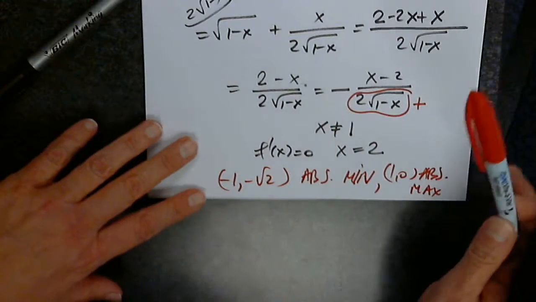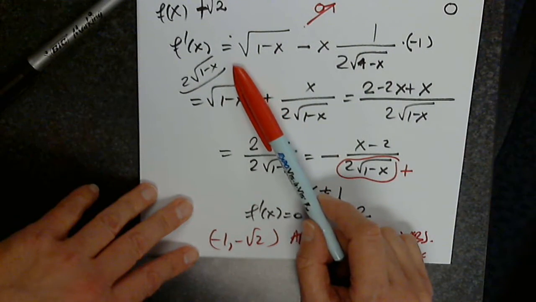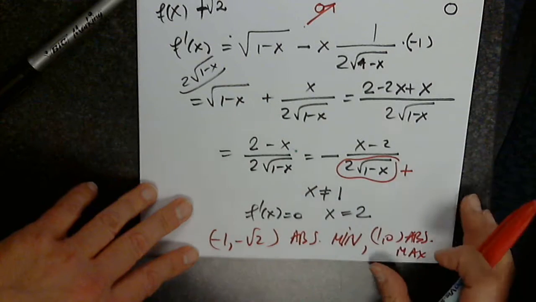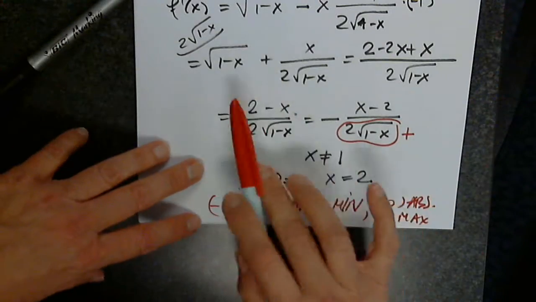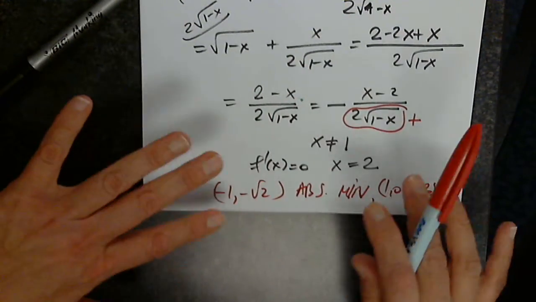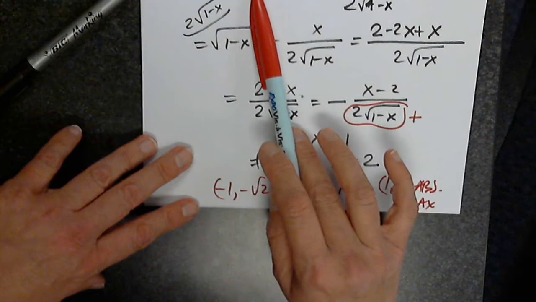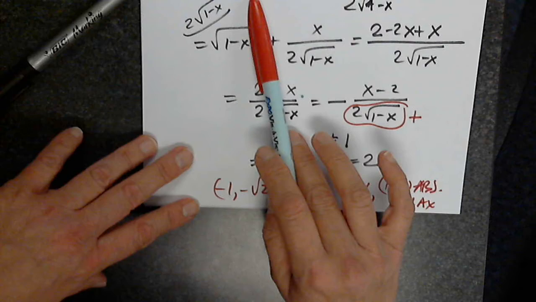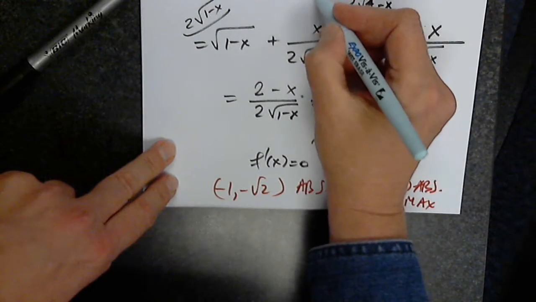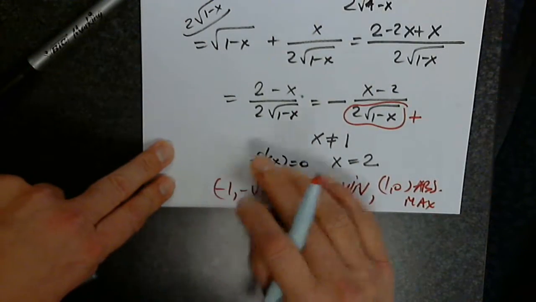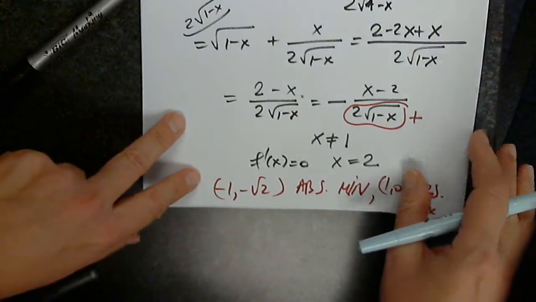Let me do it again. I like to check everything from the beginning, because I just want to make sure. Right, I got it. I put minus instead of plus, so the whole thing changes.